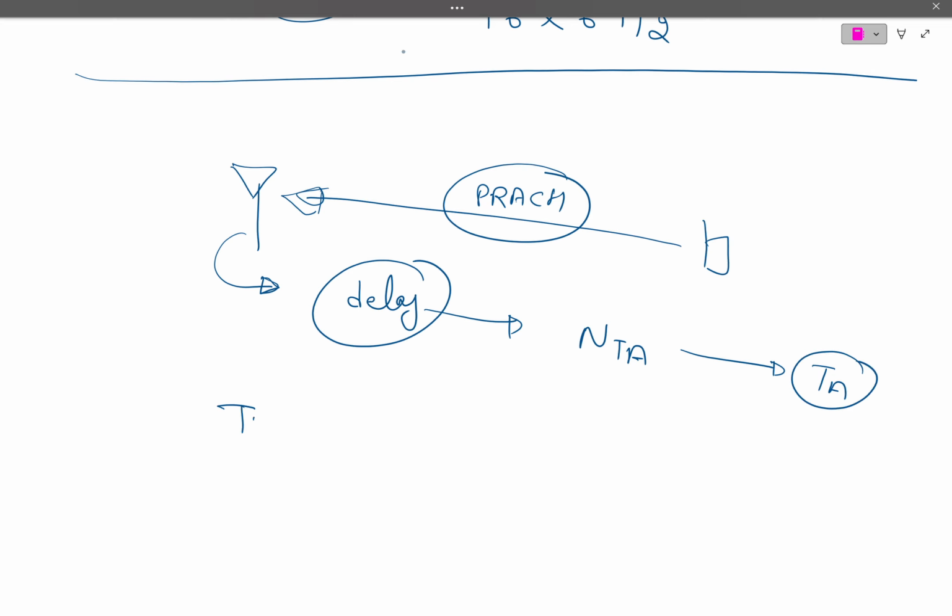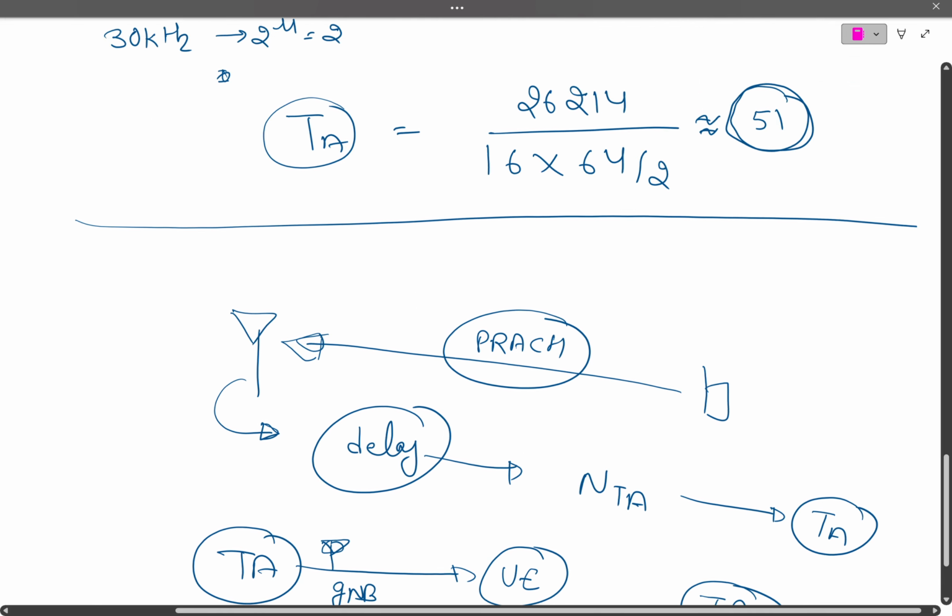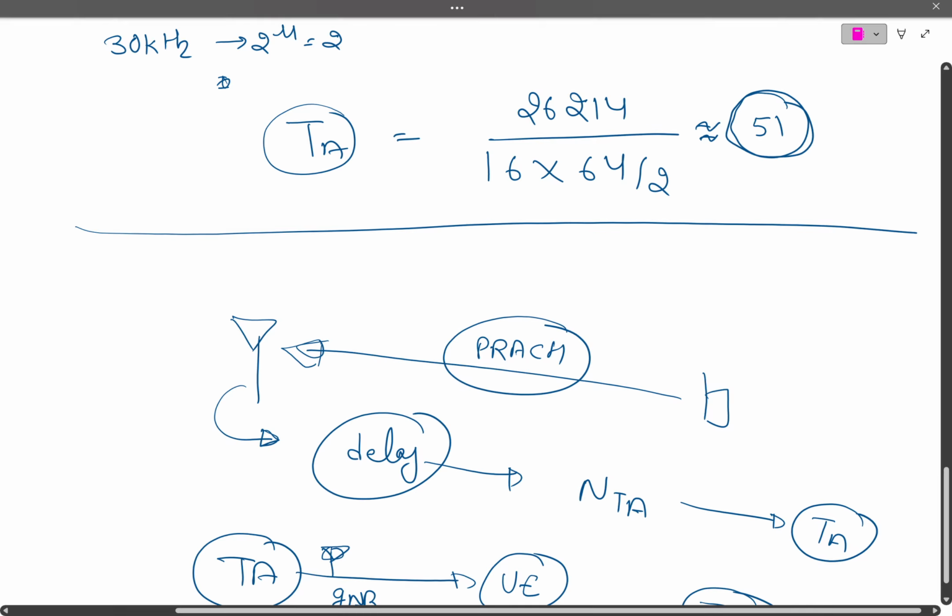Okay, from this delay it calculates N_TA and it calculates TA. This TA, this timing advance, is sent to the UE in the next message. So the gNodeB will send this TA to UE.